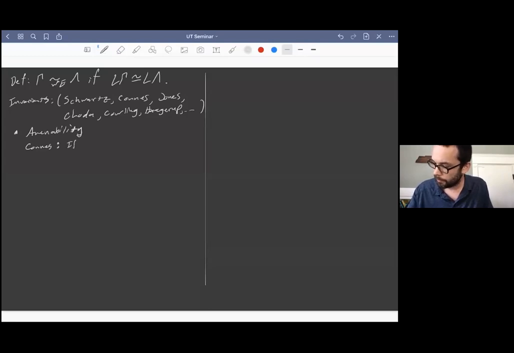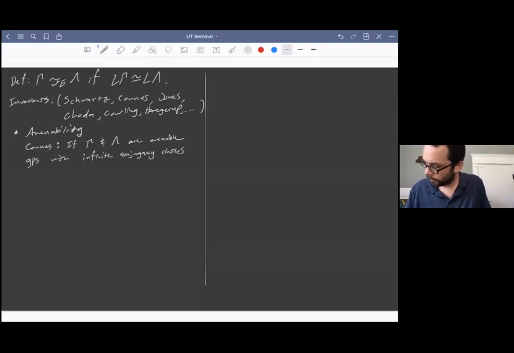But you get that if gamma and lambda are amenable groups with infinite conjugacy class, then you have that their group von Neumann algebras are isomorphic to each other.